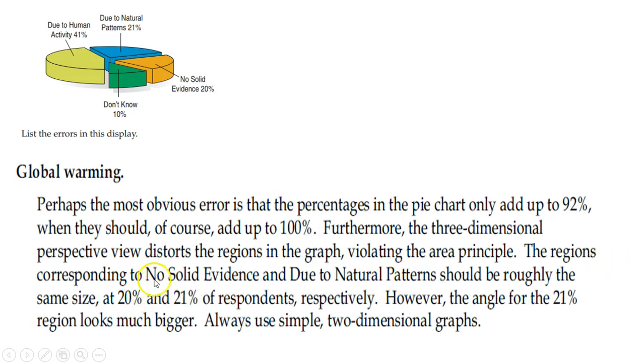So the region corresponding to no solid evidence, this one, and this one, this definitely looks bigger to me, right? So the angles kind of contort what it is. It's easier to view with just a simple 2D graph, and on top of that, it doesn't even add up to 92%.